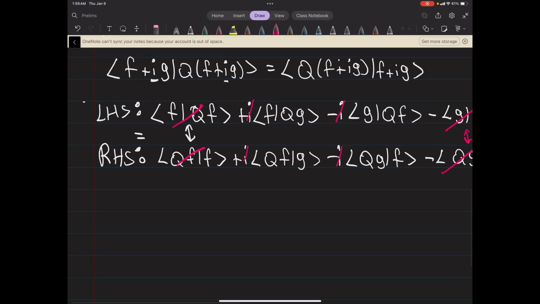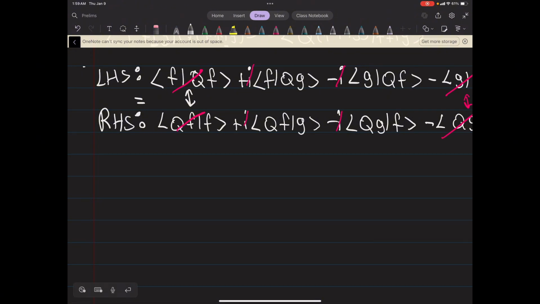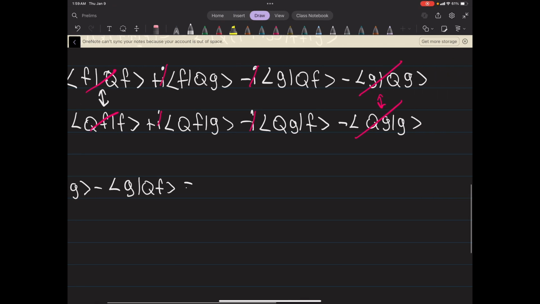And what are we left with? We'll be left with the following here. Equal to QFG minus QGF. Okay? We'll call this equation 2.